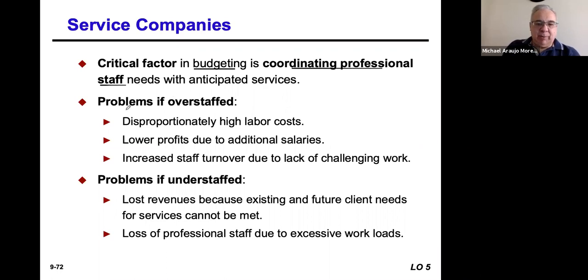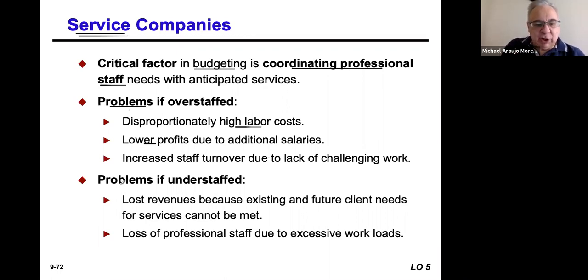There are some problems if they're overstaffed, because then they'll have high labor costs, and labor is their biggest cost. So that's going to mean lower profits, and maybe if the work is too much, overtime and turnover are going to be required. Staff will be losing interest and leaving.